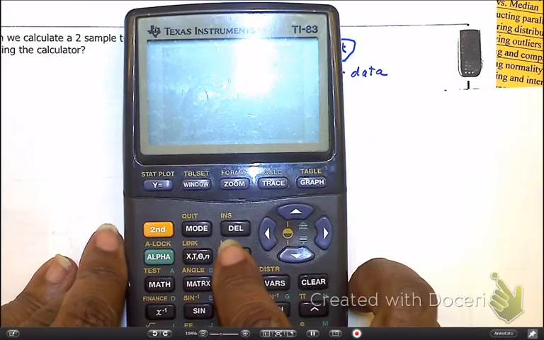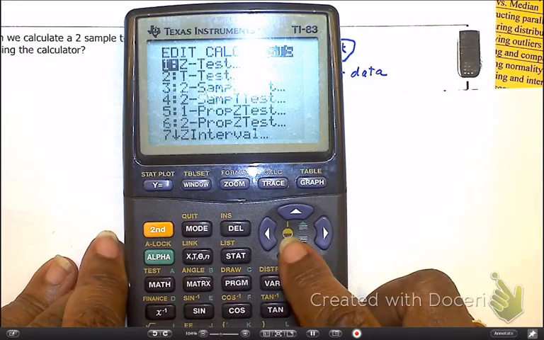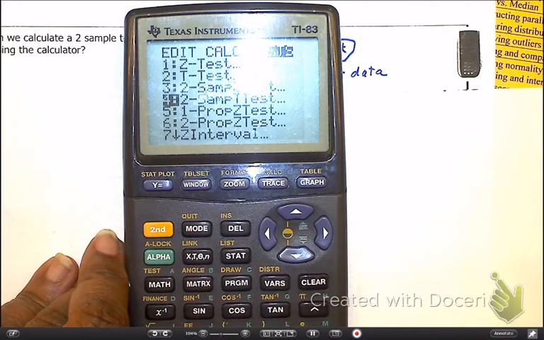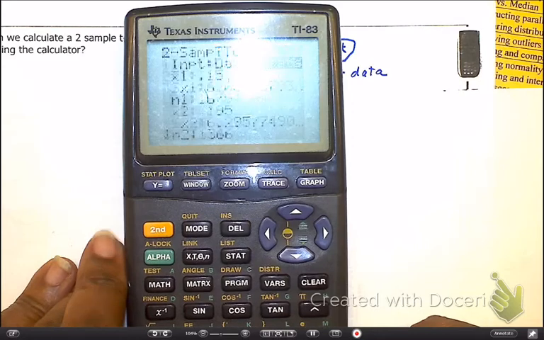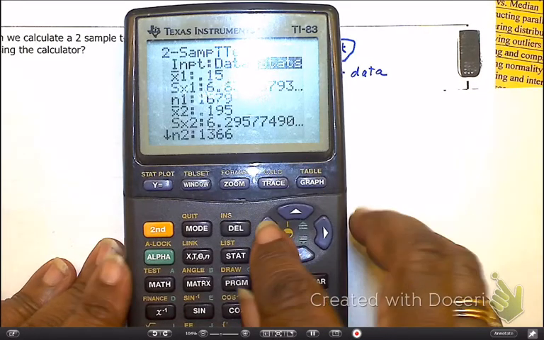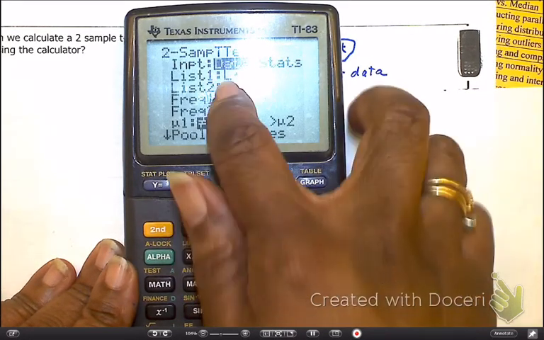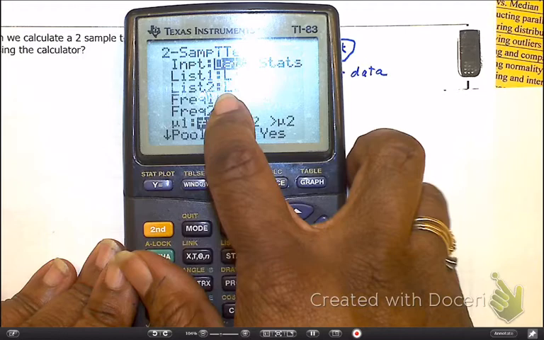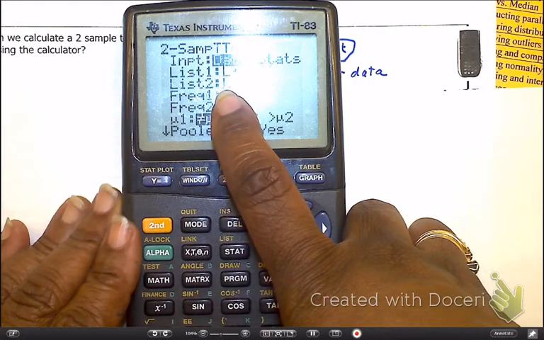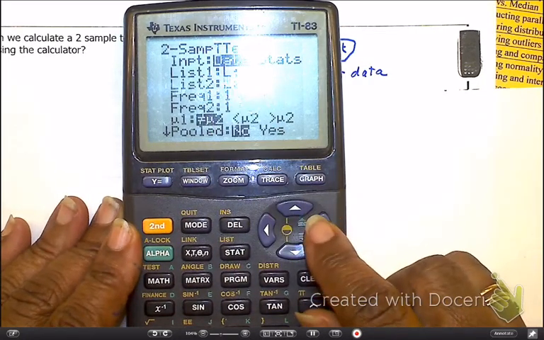I'm going to go to stat, go over to test. I'm going to go down to two sample. Again, we're doing t-test because we don't have the standard deviation for the population. And then you notice here I can go data, which means that's when the raw data we're going to be putting in from our L1 and L2 when that's applicable, and we will be doing that in class.